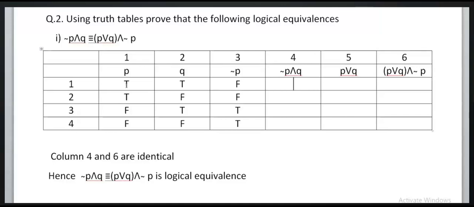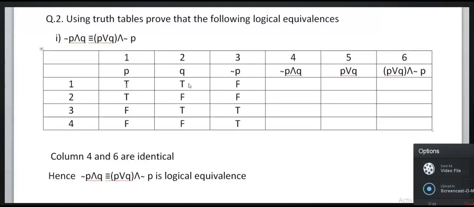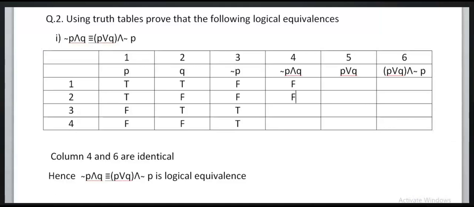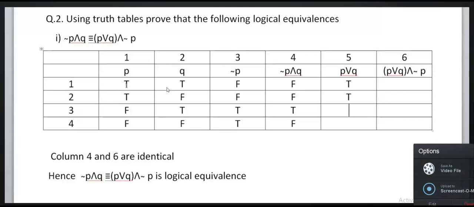Now find AND between negation of P and Q. Therefore, AND between F, F, T is F. Next is P or Q. For the OR statement, if both of them are true, then it is true, true, true, and F.